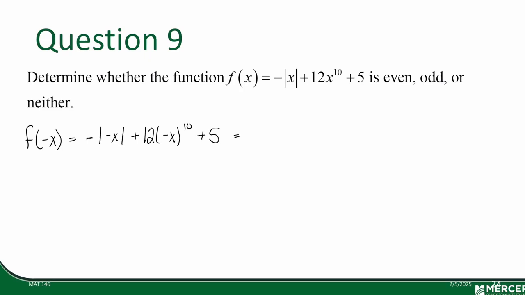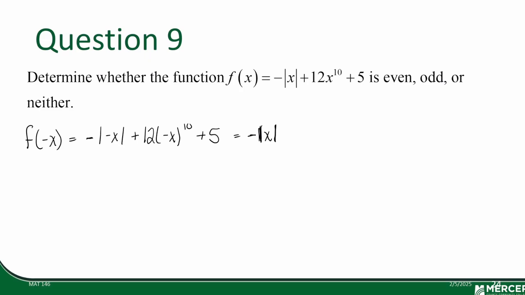Absolute value of negative x is what? However, I want to keep it like that, because I don't know if x is positive or negative. But I do know the absolute value of negative 1 is 1.